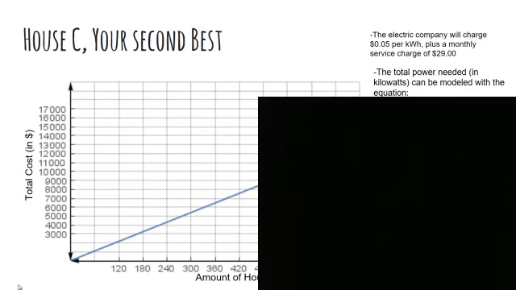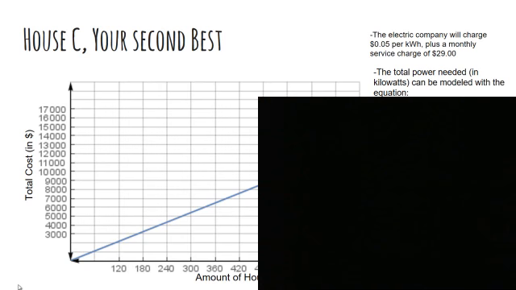House B, your second best: the electric company will charge 0.05 cents per kilowatt plus a monthly service charge of $29. The total amount of power needed in kilowatts can be modeled with the equation 358.24 minus 56.2i.